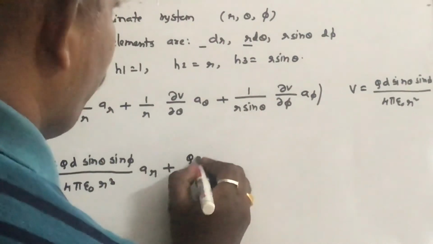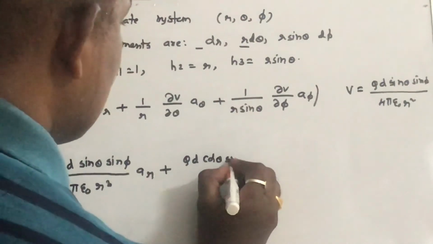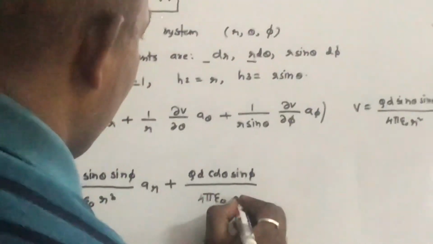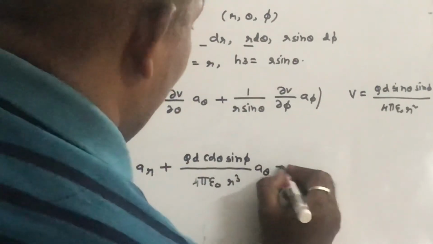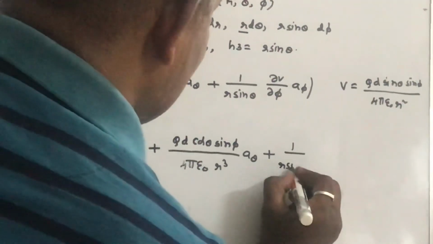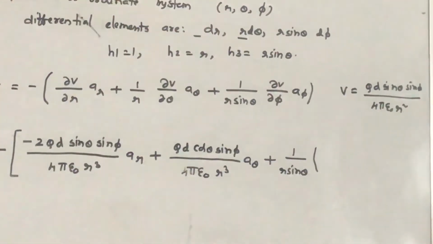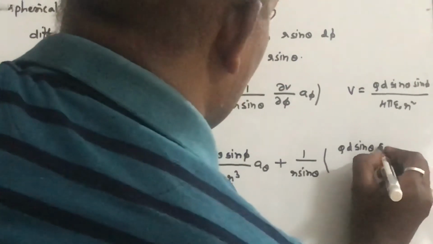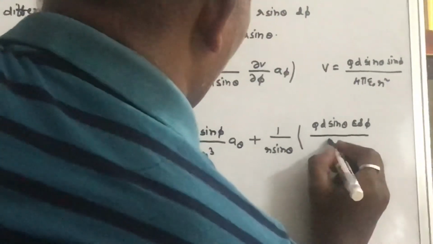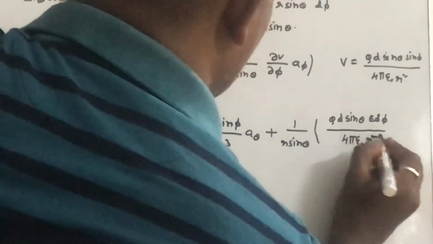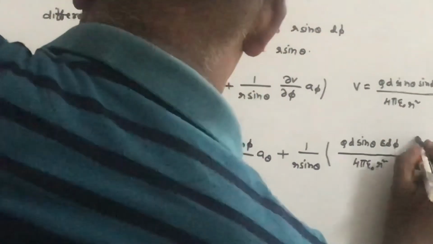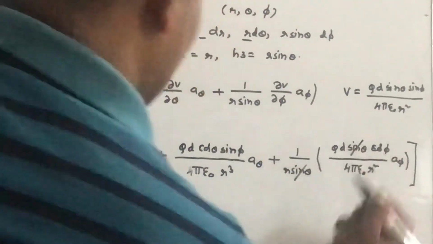Qd cos theta sin phi, since differentiation of sin theta is cos theta, multiplying the denominator with r, it becomes 4 pi epsilon naught r cube into a_theta, plus 1 by r sin theta into dou V by dou phi, which is Qd sin theta cos phi by 4 pi epsilon naught r square into a_phi. This is the unit vector a_phi. So sin theta gets cancelled out.